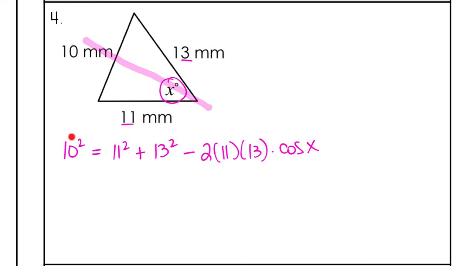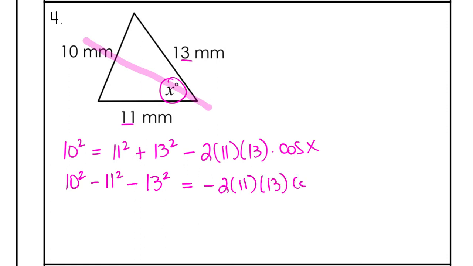So if I wanted to move them over to the left side, I would do the opposite and I would subtract. So 10 squared minus 11 squared minus 13 squared equals negative 2 times 11, 13 cosine X. So all we've done is these two terms, we moved them over.